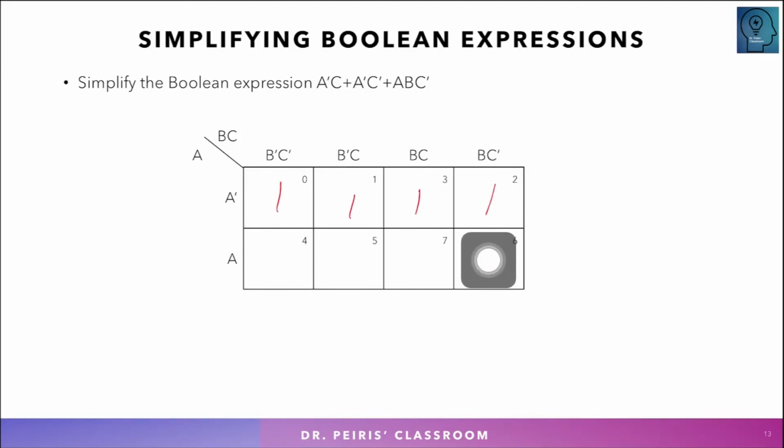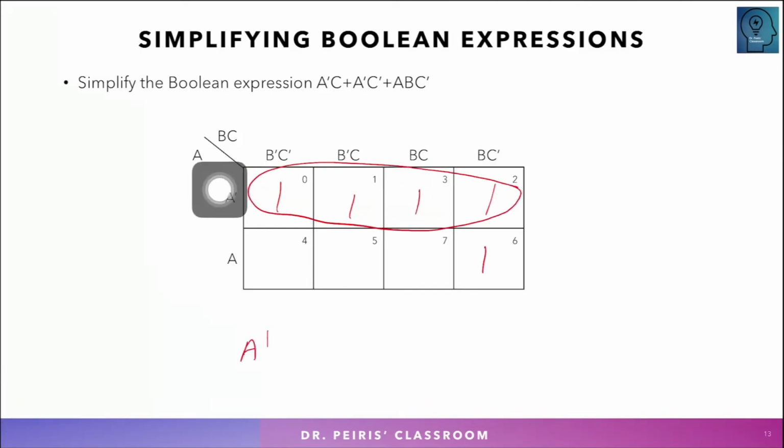So this square corresponds to A BC prime. Then you're going to group it. So again we do that large group with 4 ones, which corresponds to A prime. This is the entire row A prime, and 4 different columns, so nothing common in terms of B and C. It's A prime, and this one combined with the one in the 2, and this column is BC prime.